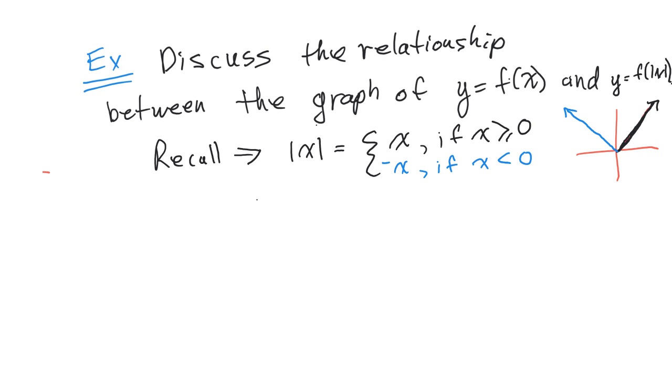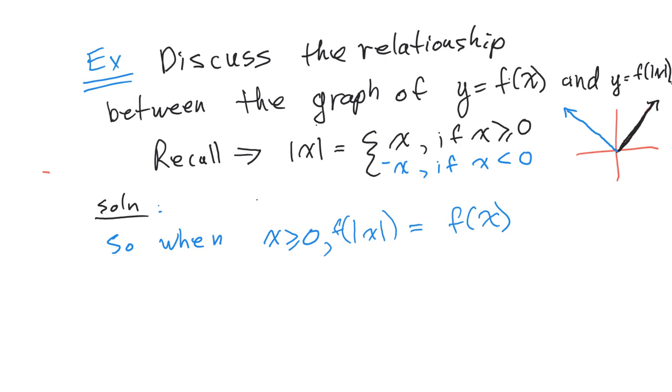So what is happening? So here's the solution. When x is greater than or equal to 0, absolute value of x inside our function f is just equal to f of x.